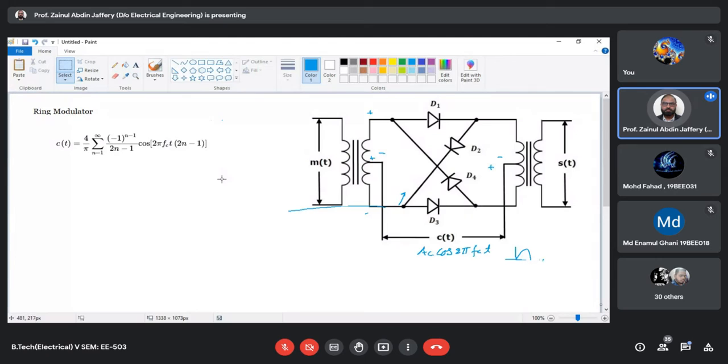Now you see that here your CT can be represented, in this case the carrier can be represented by this mathematical equation. Okay, and the MT, we have the MT is a modulating signal. This becomes a Fourier series representation of CT carrier, right?